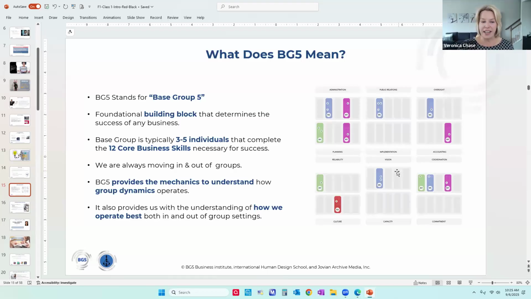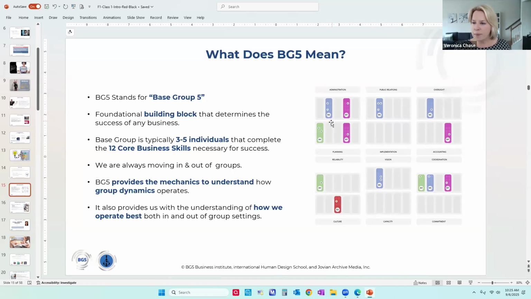We're always moving in and out of groups, and BG5 is about how we dive into the mechanics of all of this. Now, in foundations, we don't take a deep dive into the small group dynamics, but we're laying all of the foundational elements to get you ready for that in certification. You need all the base information before you get here, right?